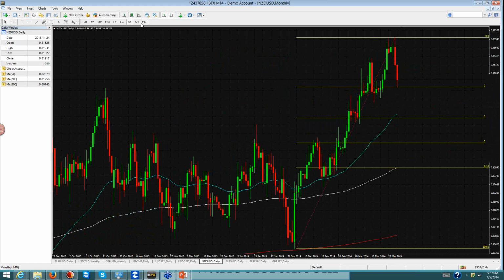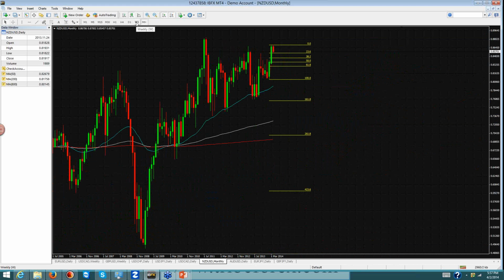If you look at the monthly, you can see that this is also in consolidation, a big consolidation going on in the monthly. I'm going to draw some areas of support and resistance on this pair.